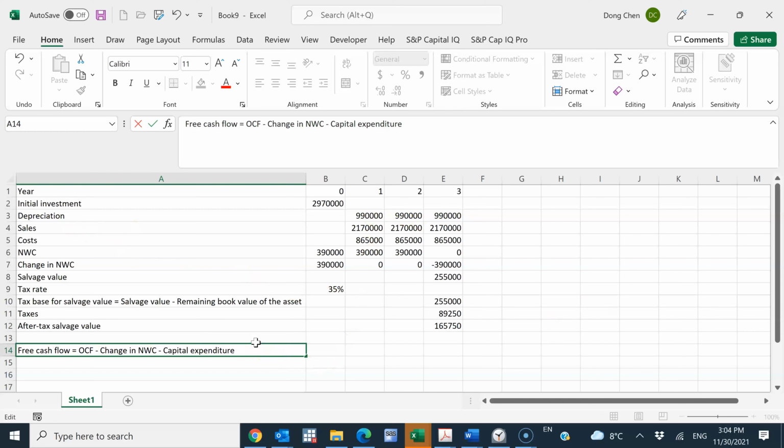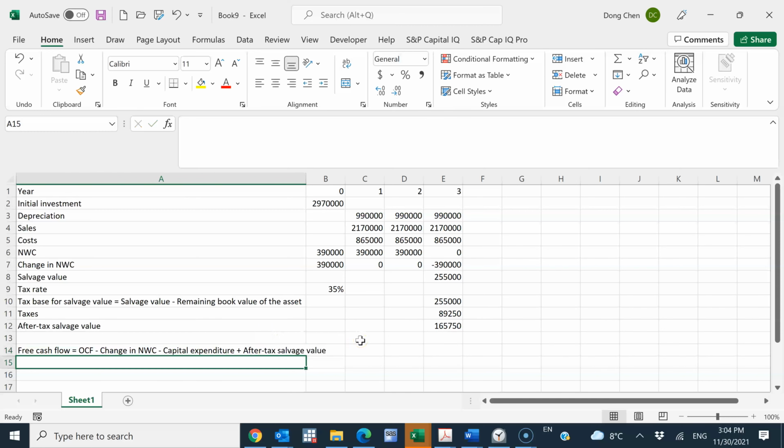And that's the normal case, but in this case, we also need to consider the salvage value, or the after-tax salvage value, because that's also giving the firm the cash flow. So we should also add the after-tax salvage value.